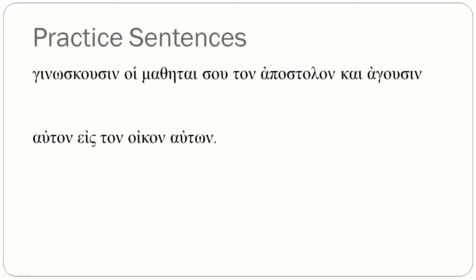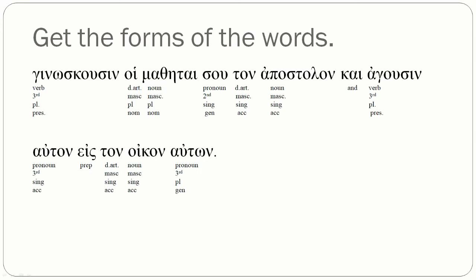All right, once again, genoskusin hoi mathetai su, ton apostolon, kai agusin auton, eis ton oikon auton. Yeah, that second line is all part of the sentence. Okay. So what's the first thing that we do? Well, the first thing that we do, we're going to get all the forms of our words. So let's go over these.